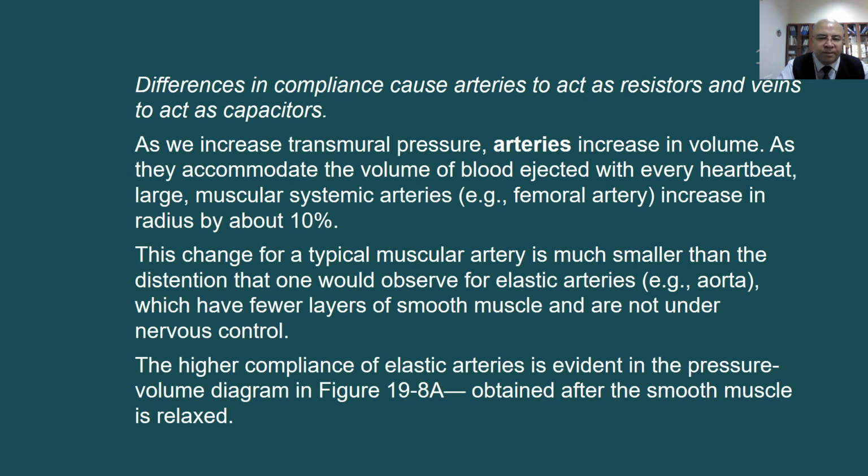This change for a typical muscular artery is much smaller than the distension that one would observe for elastic arteries, for example the aorta, which have fewer layers of smooth muscle and are not under nervous control. The higher compliance of elastic arteries is evident in the pressure-volume diagram in figure 19.8a, obtained after the smooth muscle is relaxed.